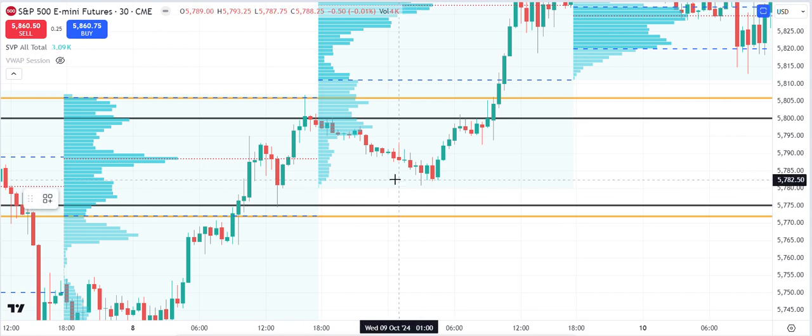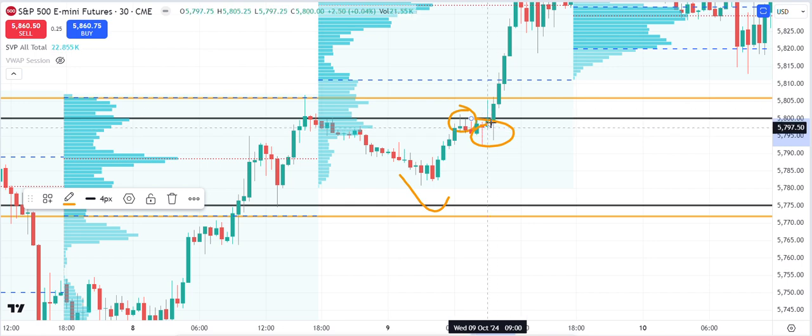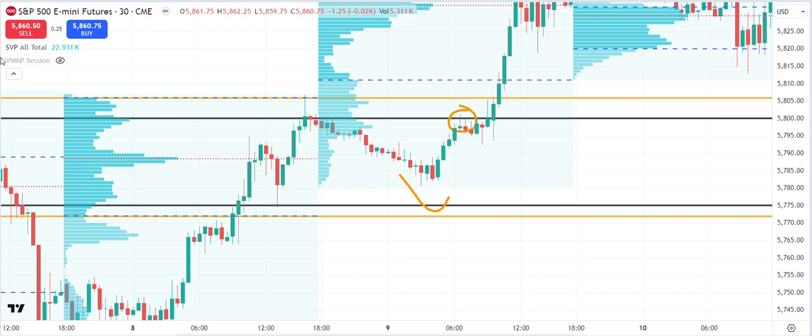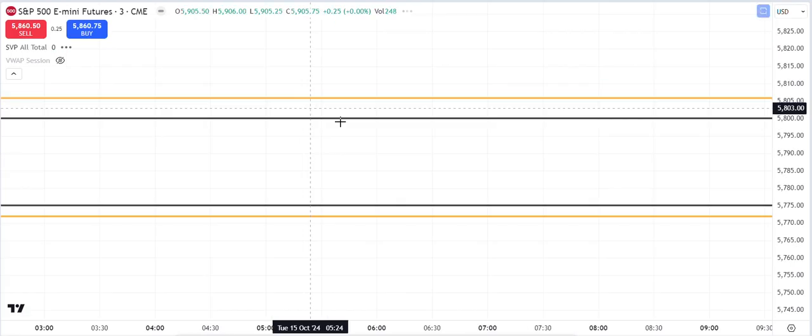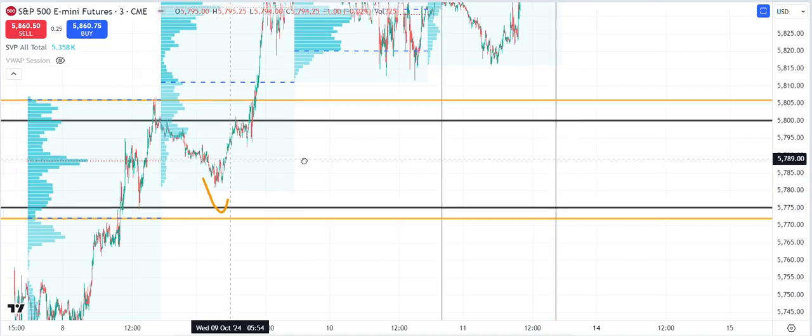You see here, it doesn't reach value area low. But when it does get to value area high, you see reactions. That's what you want to see, a reaction and then a push through. And then inside here, I'm just going to remove all of that, change it to a 3-minute chart, the 8th of October, and you'll see what I mean.